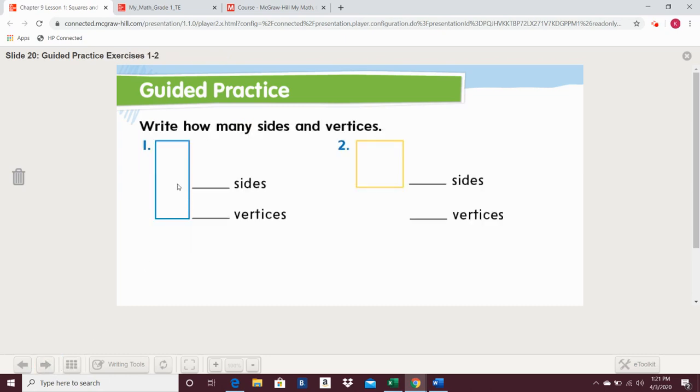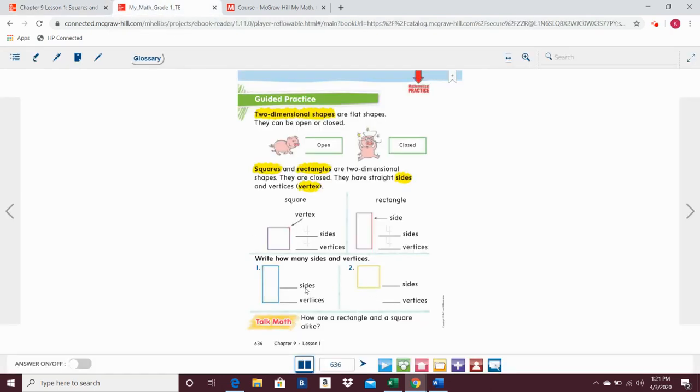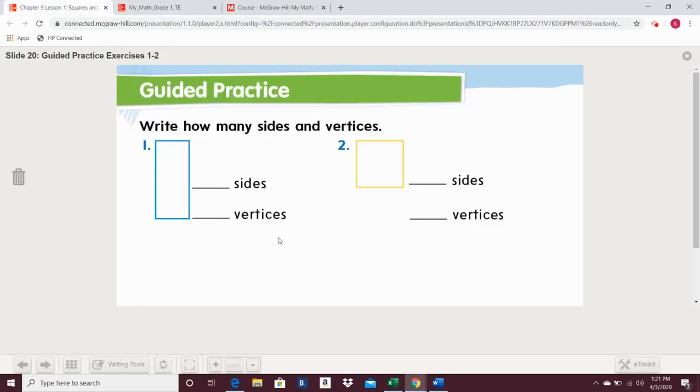So now we're going to look at problems number 1 and 2. Look, they are right here on your page. We're going to talk about how many sides and how many vertices these shapes have. So right here, this shape has 1, 2, 3, 4 sides.